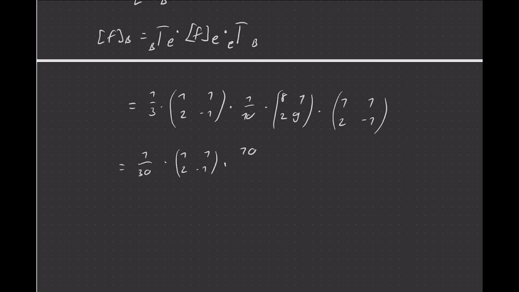Then in the second row, we have this row times this column. So that's 2 plus 18, that's 20. Then we have first row times second column, that's 8 minus 1, so that's a 7. And finally, we have this row times this column, so that's 2 minus 9, that is minus 7.